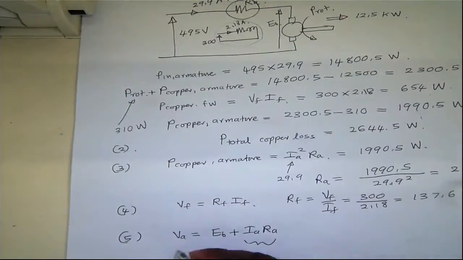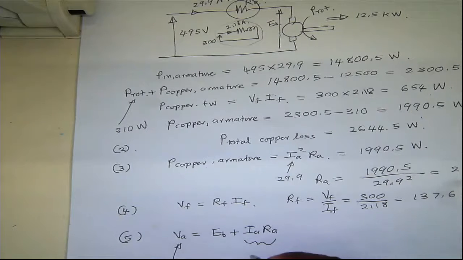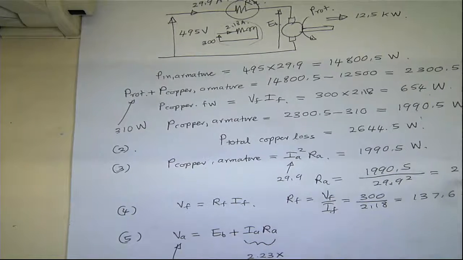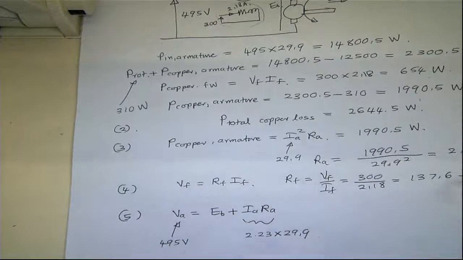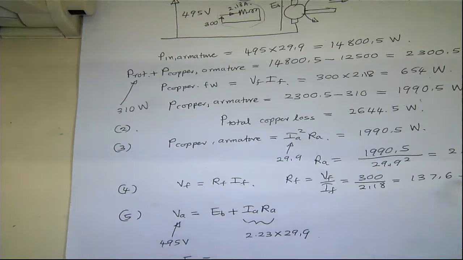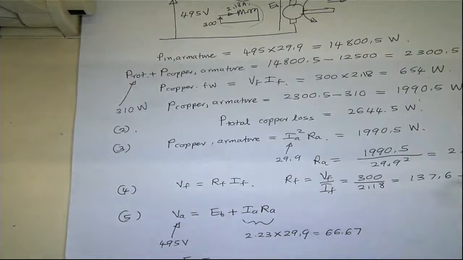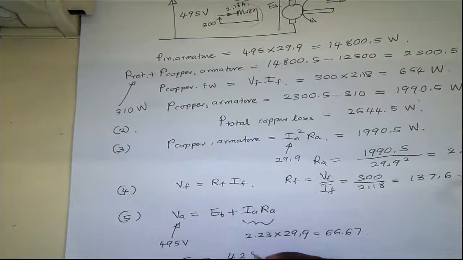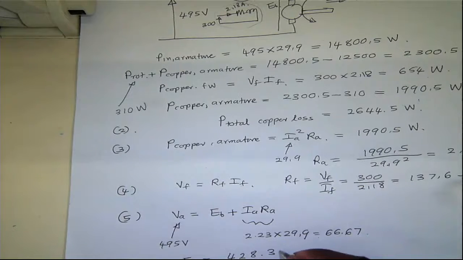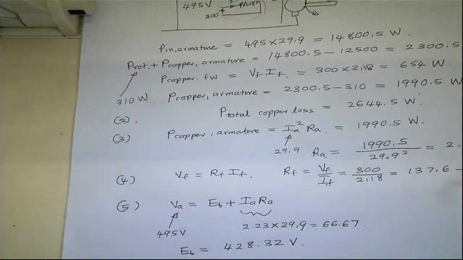Here it's 495 volts, and this is going to be 2.23 times 29.9. So EB will be, this is going to be 66.67. So 495 minus that gives you 428.32 volts back EMF.